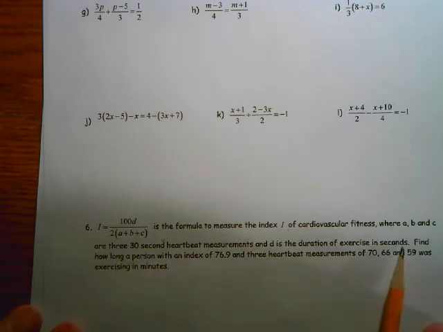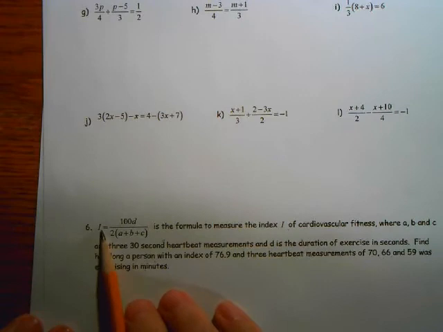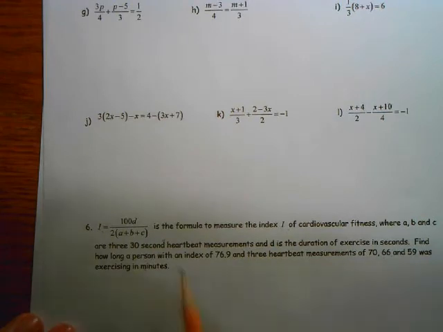And in this case, how long a person was exercising, well, that is the D variable. So in this case, we're going to know what I is from here. We know what A, B, and C are. Plug them in and then just solve for D. So that's a little bit trickier.